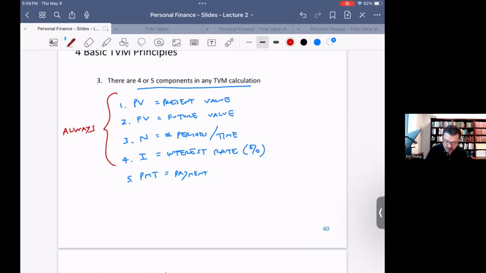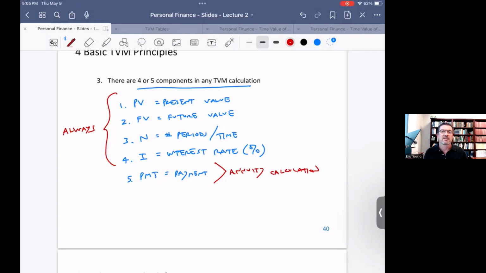The fifth variable, the PMT, the payment, this is only the case when you have an annuity calculation. So when you're doing a lump sum, we're going to have 1, 2, 3, and 4. When we're doing an annuity, we're going to have all 5, okay?